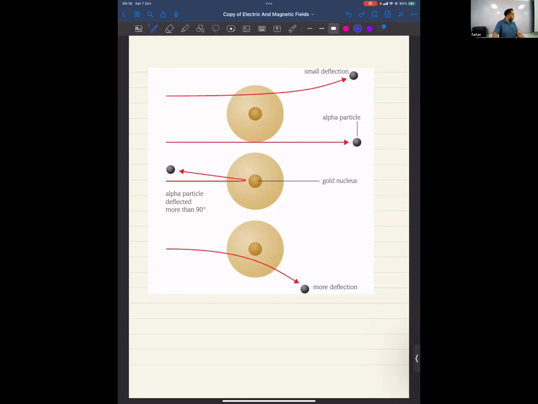The ones which are extremely far from the nucleus just go undeviated with no disturbance. And the ones which are exactly directed towards the center of the nucleus get deflected by more than 90 degrees. These were the observations.